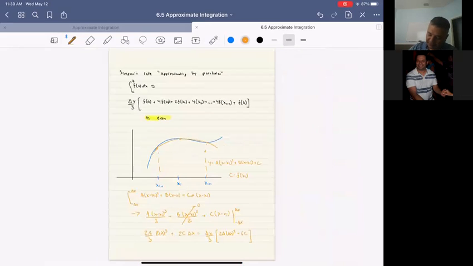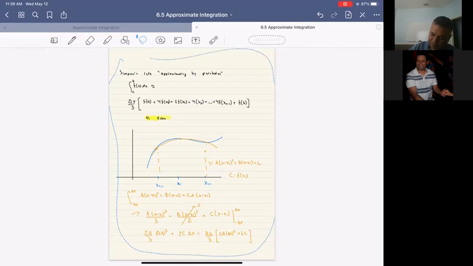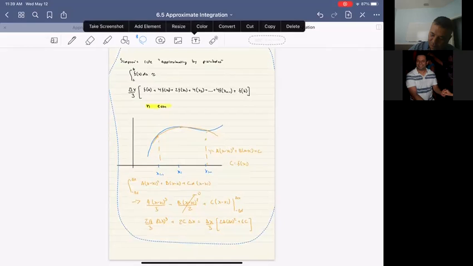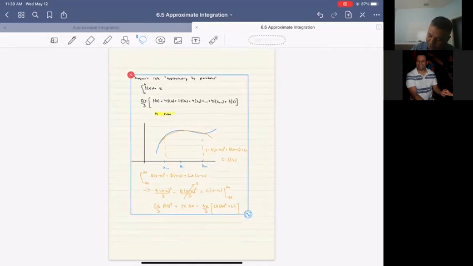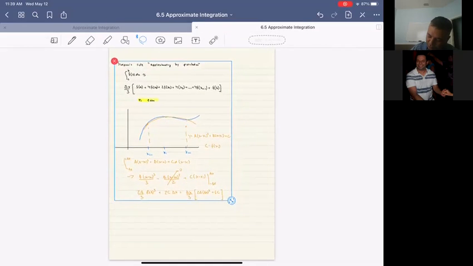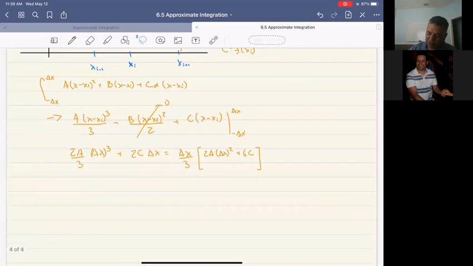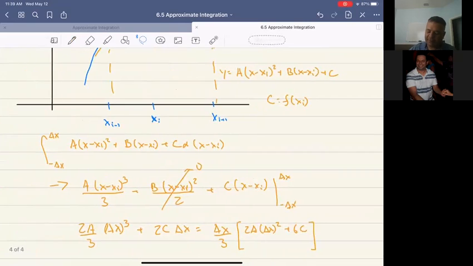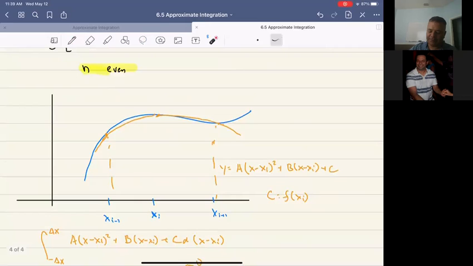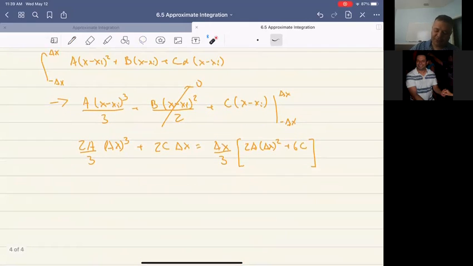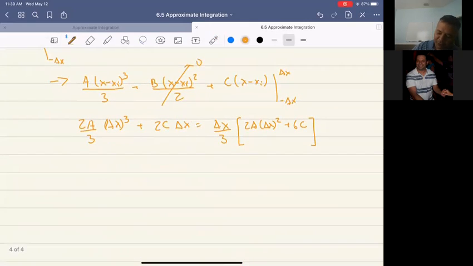Let me make things a little smaller. Okay, now let's go back. We want to fit this parabola. That's basically a college algebra problem, but we're going to do it here anyways. So we've got 3 points.